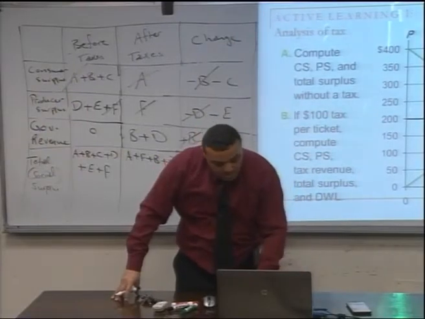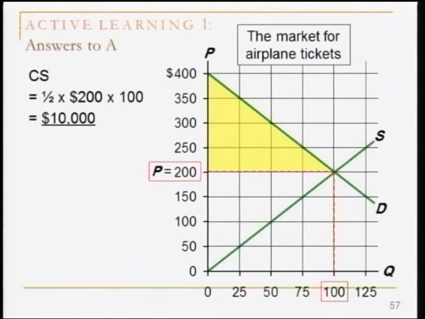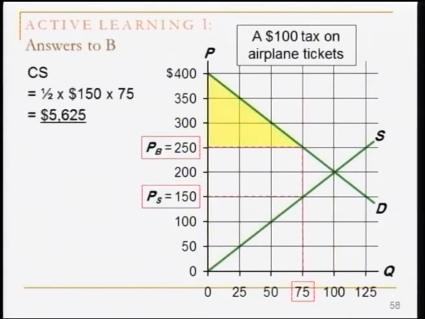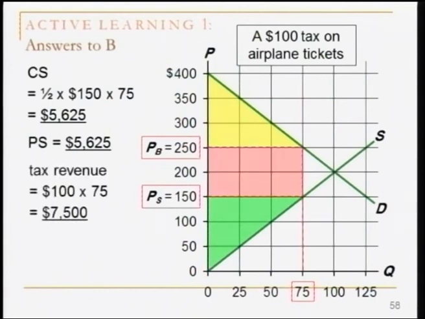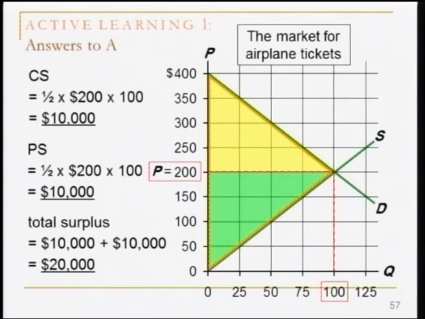Okay? Let's impose a tax. Here, as you see, this is the answer for the first question. We will go to impose a tax. How much is the original price? The original price was 200.